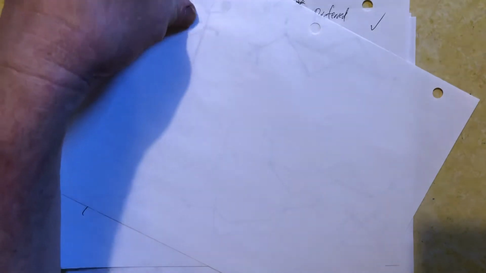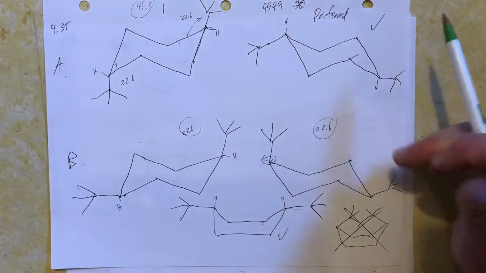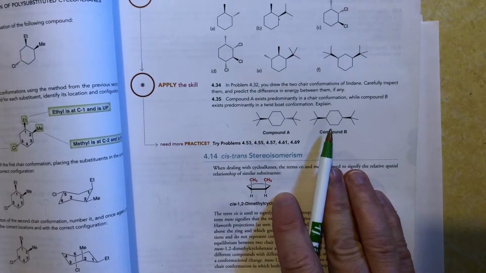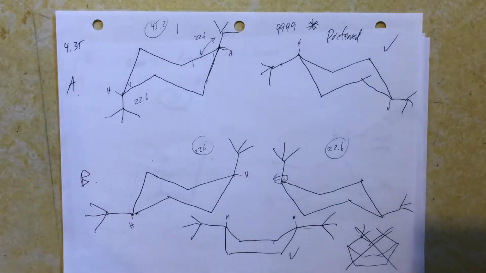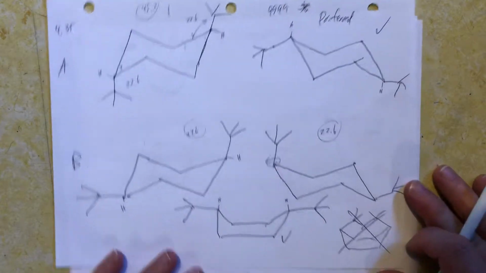Now, back on 4.35, and sometimes you're saying something you know it's not right, but you can't help yourself. I was saying something about 4.35b, which was compound A or compound B. And I was talking about one being a chair and one a twist boat, and I misspoke.